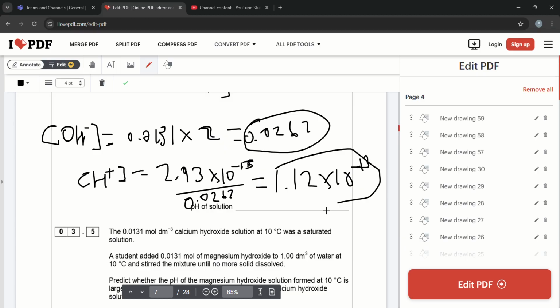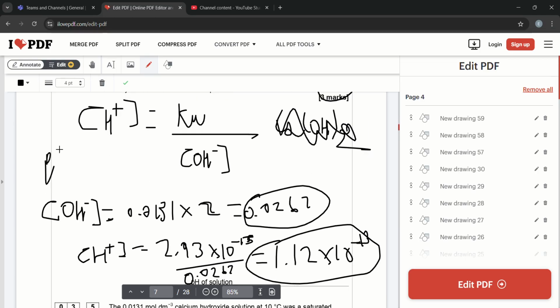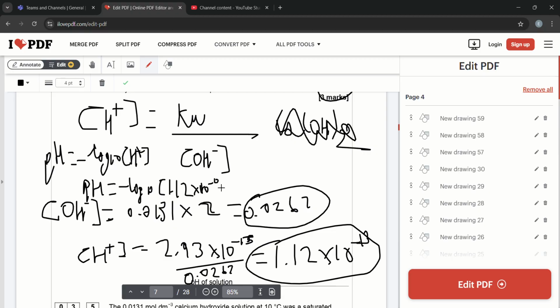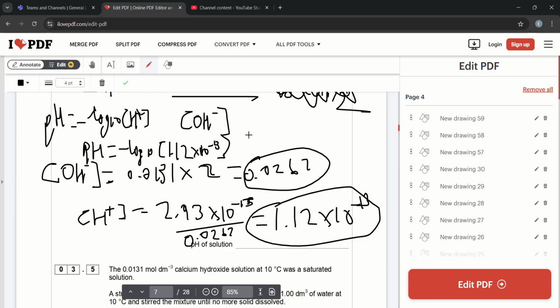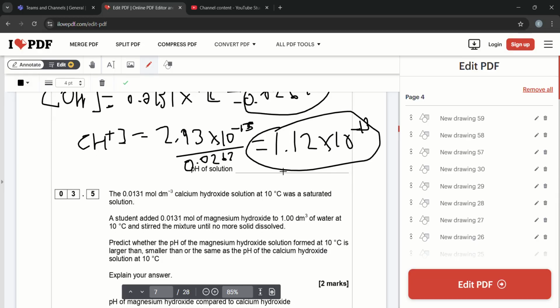That's the concentration of H plus. Therefore, to find the pH, pH equals minus log 10 of H plus, so pH is minus log 10 of 1.12 times 10 to the power minus 13.